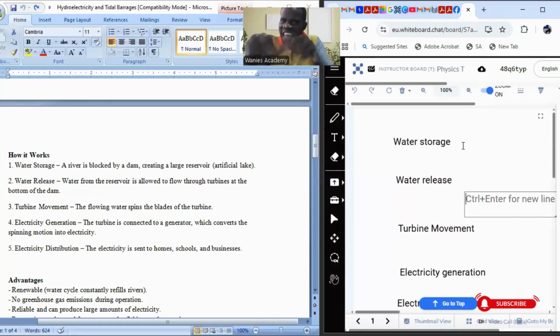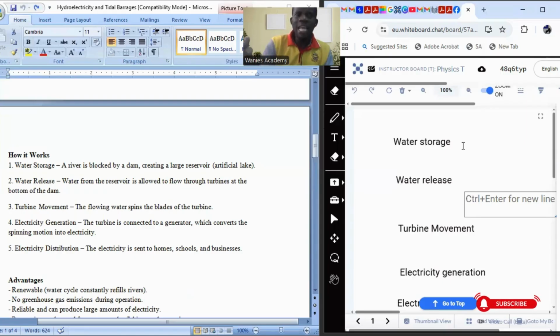So an artificial lake is created as a result of blocking the river. The lake has been formed as a result of the blockage.